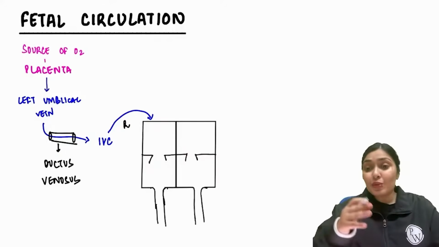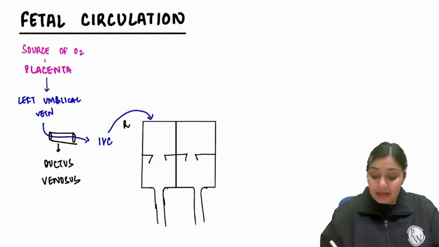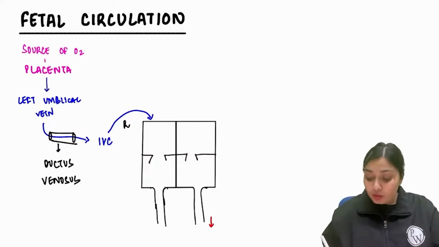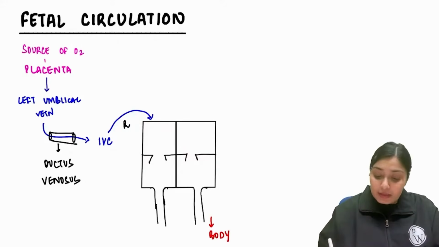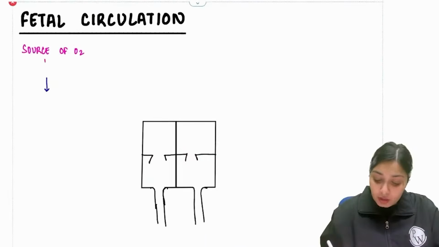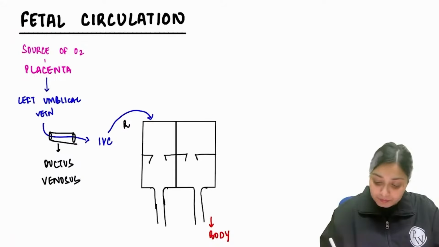What happens as soon as it reaches the right side? We know our body is going to get the oxygen from the left side, so most of this blood is going to be shunted out through a shunt over here.